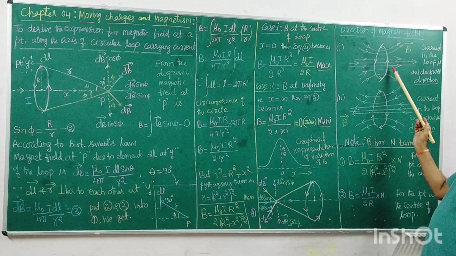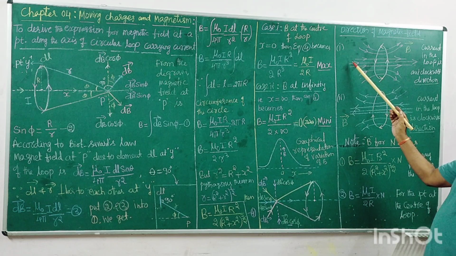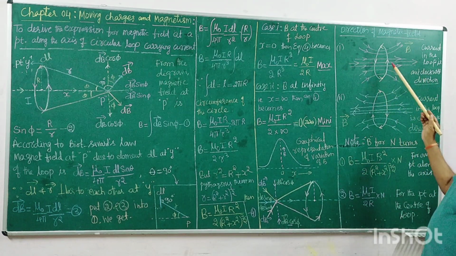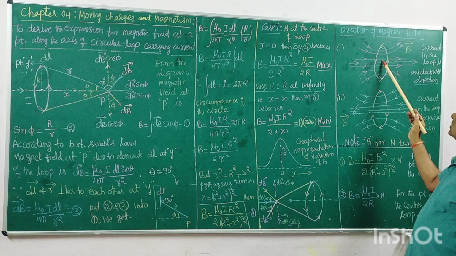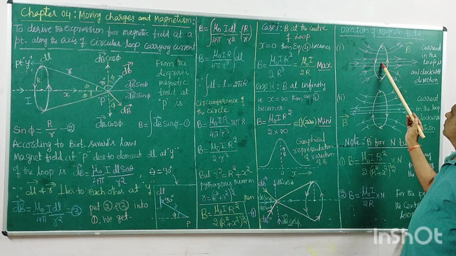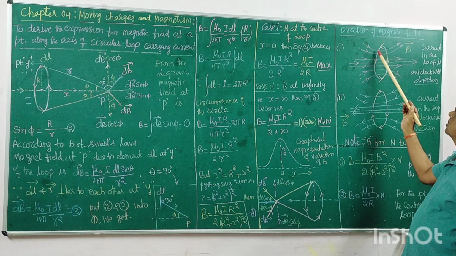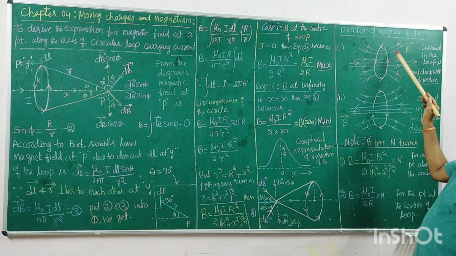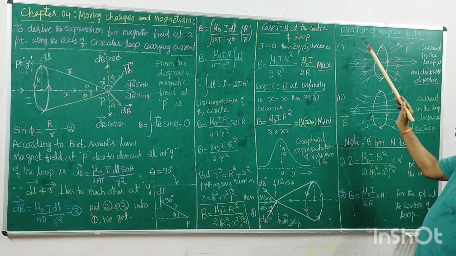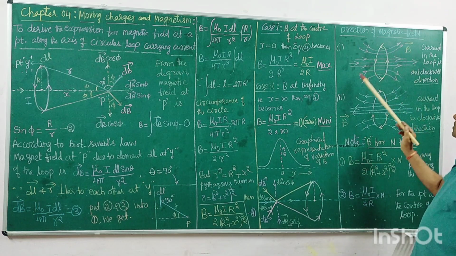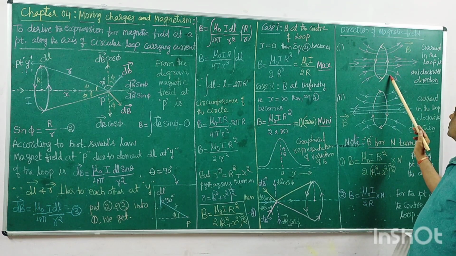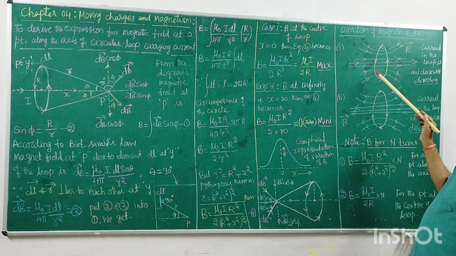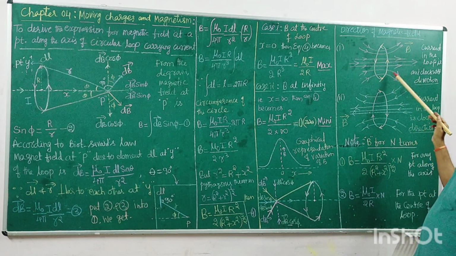For this current carrying loop anti-clockwise, the magnetic lines are in the left to right direction. The straight line is along the axis, and if you move away from it, the lines are bending, as I said, concentric lines at every point like this. Lines are bending, but the direction is the same, left to right. This is also important, to indicate the magnetic lines and their direction with respect to the loop current.